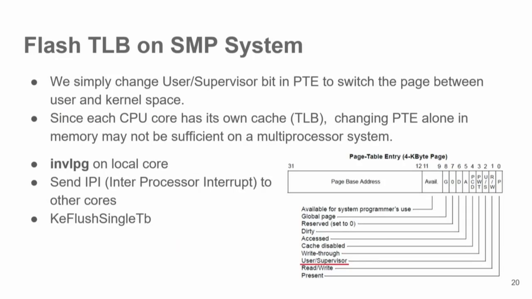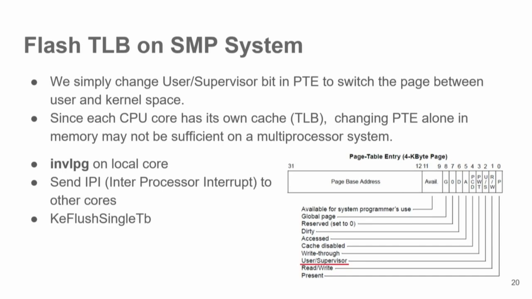Here are some implementation details I think I should mention, because our mitigation is based on putting the page into kernel and user space back and forth, and basically what we do is modify its corresponding page table entry. So we need to consider how to do it in a multiple processor system, and we also need to invalidate the corresponding TLB entries, because every core has its own TLB.